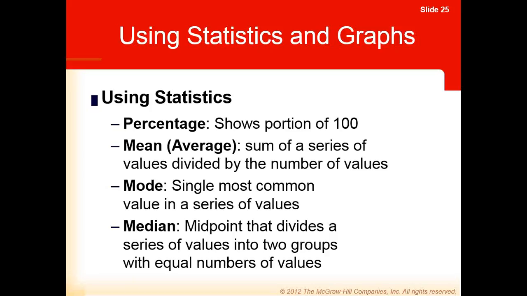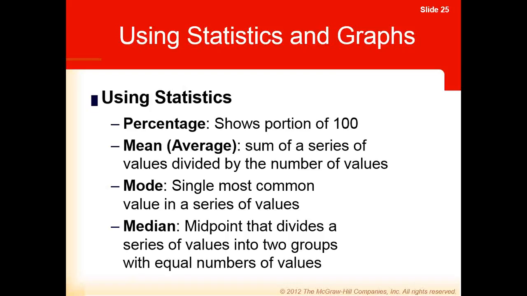So if we take a number set like 1, 1, 1, 2, 3, what we're going to find is that when we add those numbers together, we've got 5 numbers there, and it comes out to 8 when we add the sum. Then we divide 8 by 5, and we come up with 1.6.